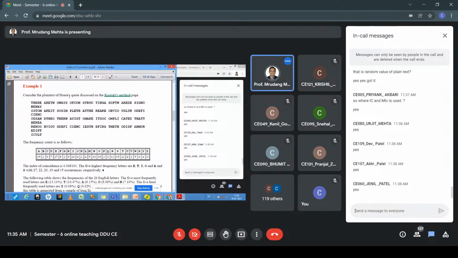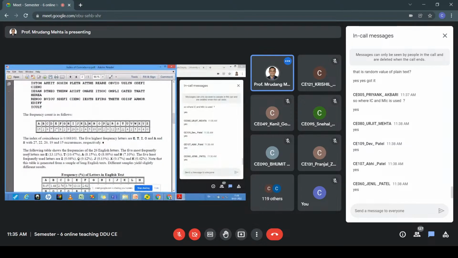Consider the plain text of the Juarez quote discussed on the Kasiski method page. What we have to do is the frequency count: in this particular text, how many times A appears, B appears, C appears. Is that understood? So this is the frequency count.